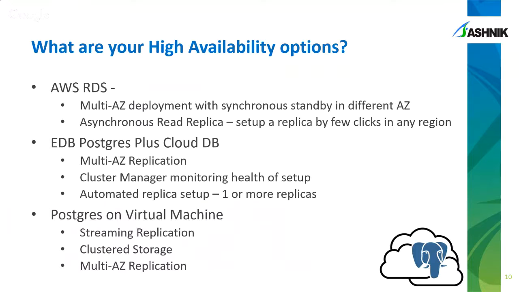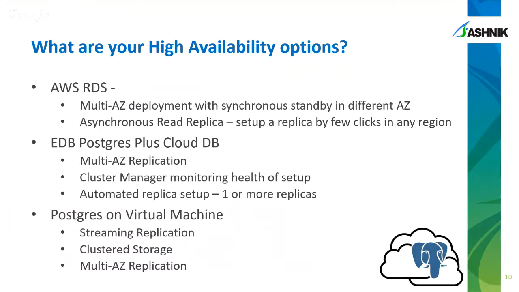And whenever I set up a cloud environment for a customer, I would choose a replica database to be created in the second availability zone. So that is how you can achieve some level of redundancy.